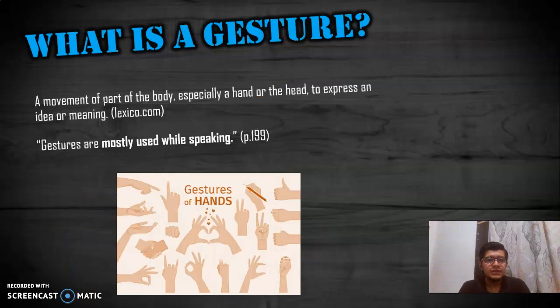So, a gesture is a movement made by parts of the body, principally our hands, the face and head, and shoulders, in order to express an idea or a message. And gestures are mostly used in spoken language, not in sign language.